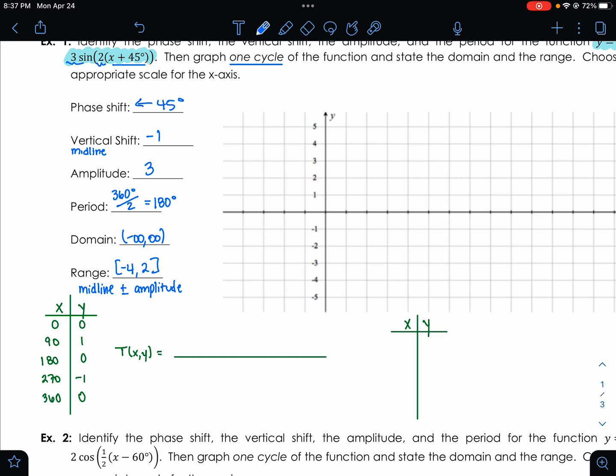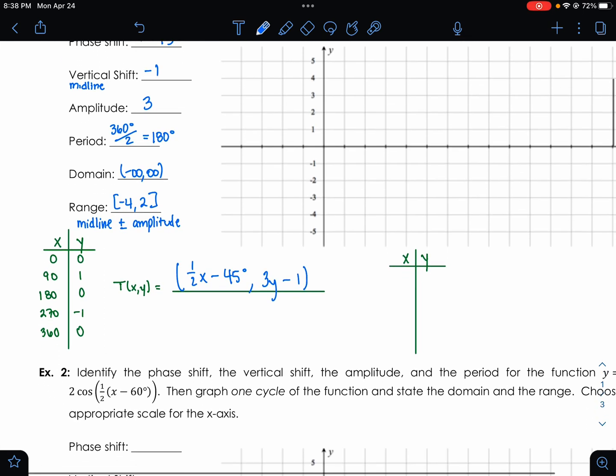So the x values are moving left 45 degrees. They are also being divided by 2. So we're going to have 1/2 x, and then we're going to subtract 45 degrees. And then the y values, they are being multiplied by 3 by the amplitude. So that's the amplitude, so 3y, and then they're being moved down 1 unit.